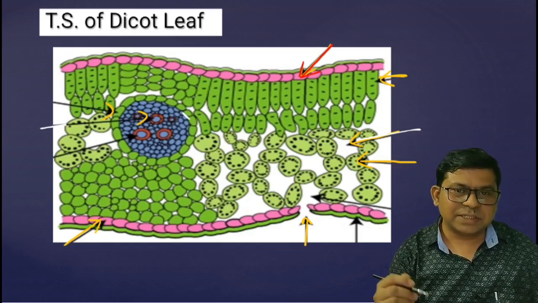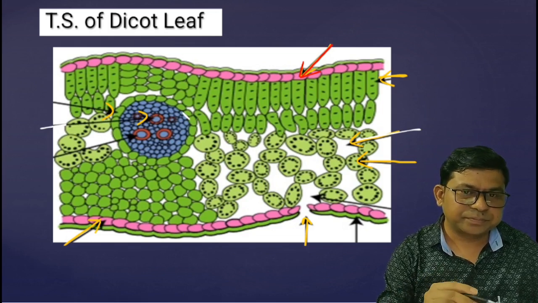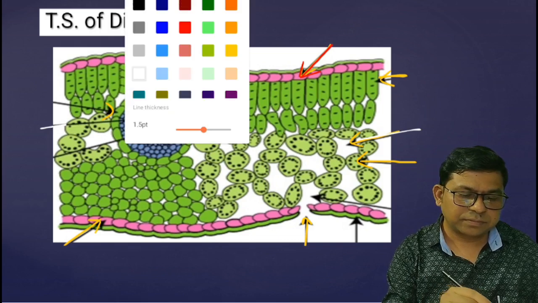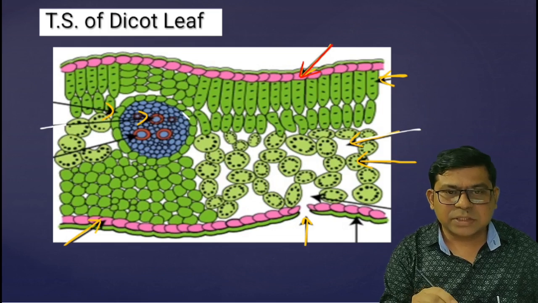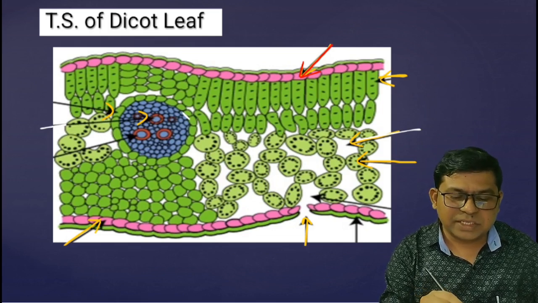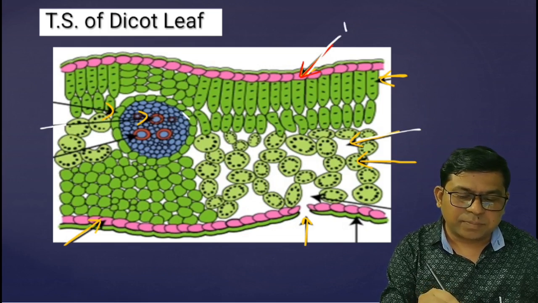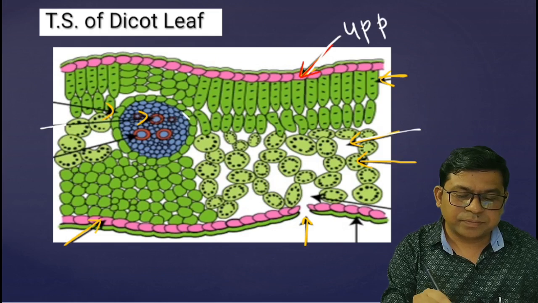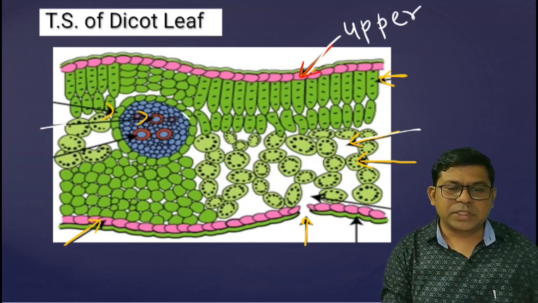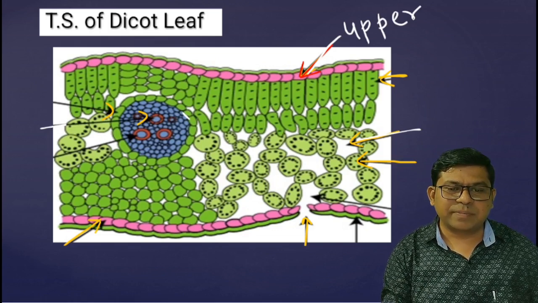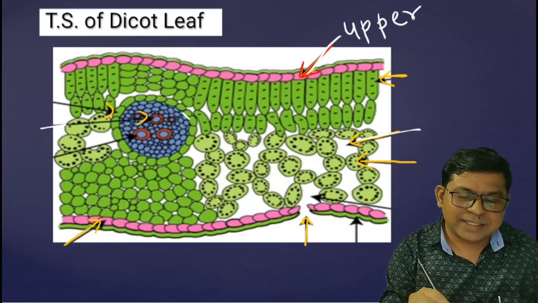So this one is a transverse section of the dicot leaf. This transverse section consists of upper epidermis and lower epidermis. This one is the upper epidermis. Upper epidermis is also called the adaxial epidermis.